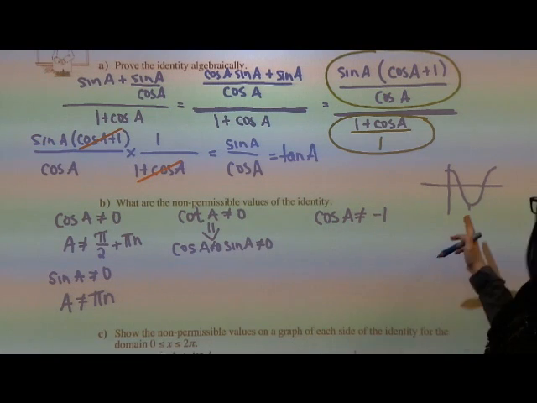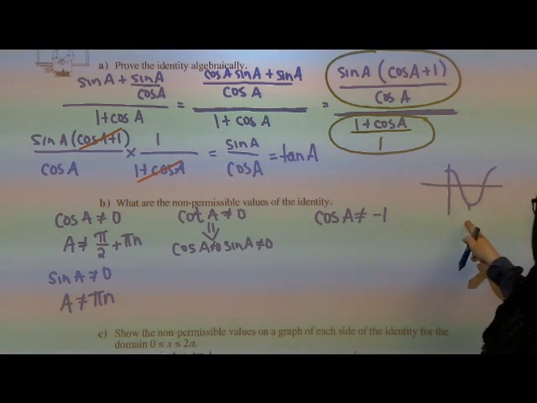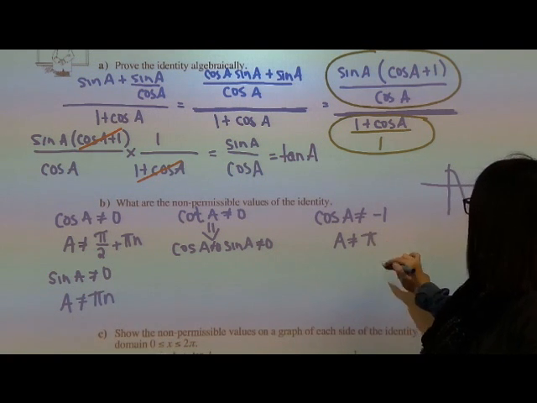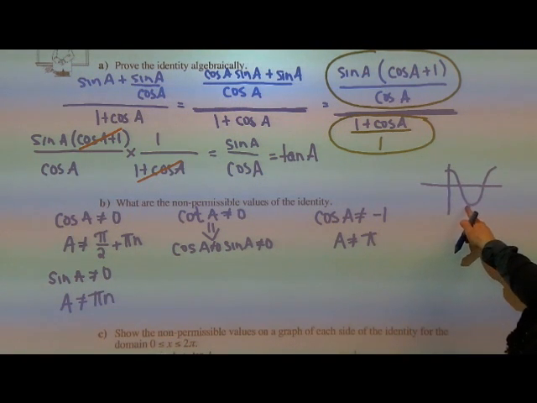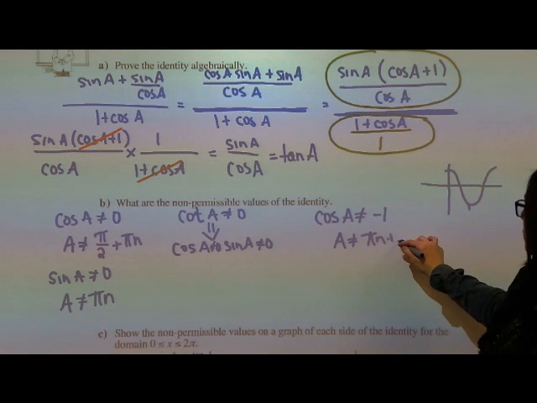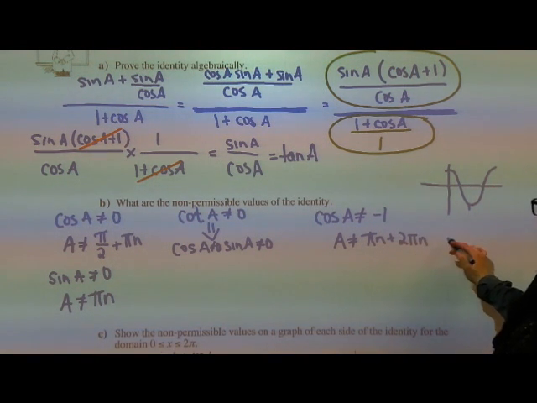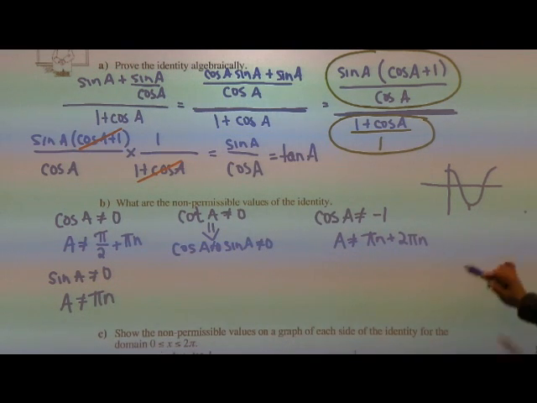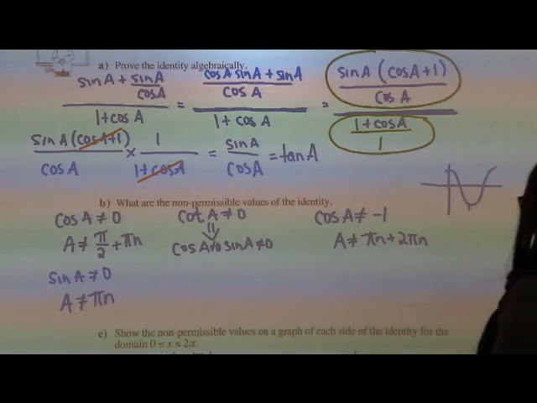Cos equals -1 at pi, and then at 3 pi, so pi plus every 2 pi.